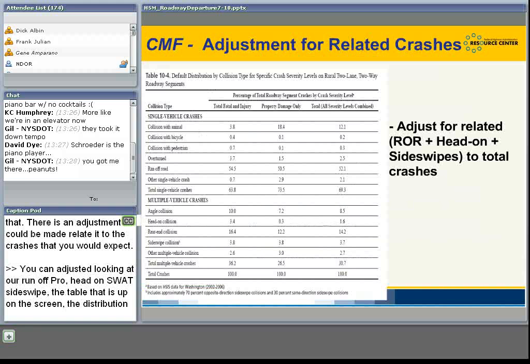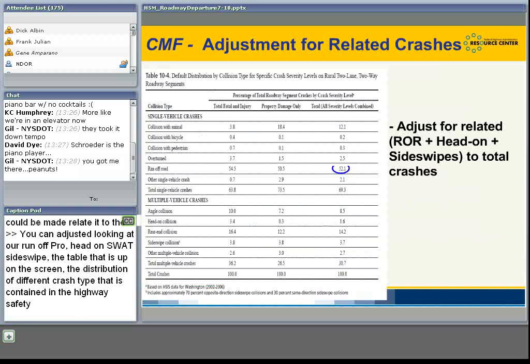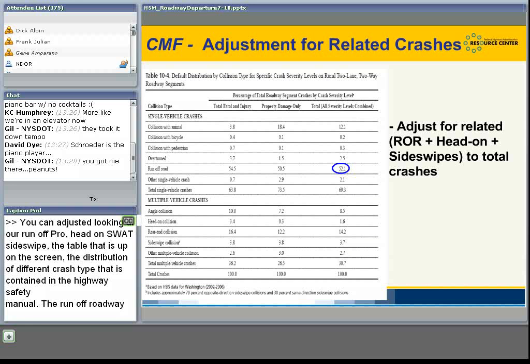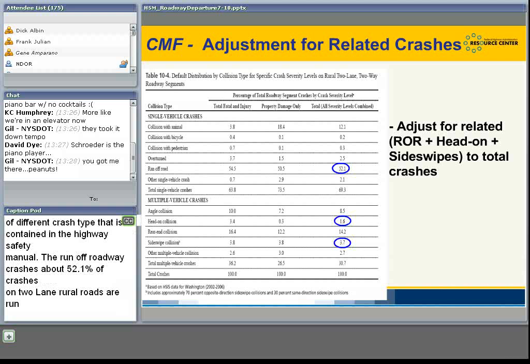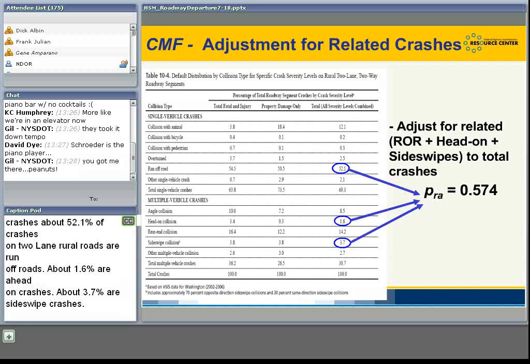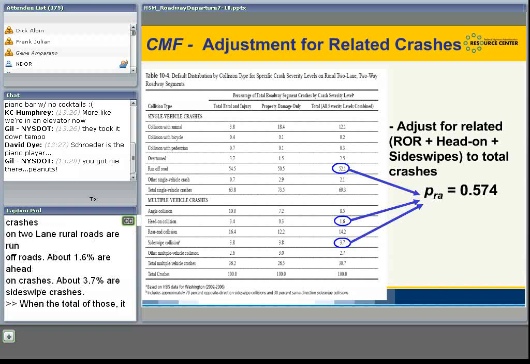This table 10.4 that is up on the screen right now is a default distribution of different crash types that is contained in the Highway Safety Manual. For runoff road crashes, it shows that about 52.1% of crashes on two-lane rural roads are runoff road. About 1.6% are head-on crashes, and about 3.7% are sideswipe crashes.